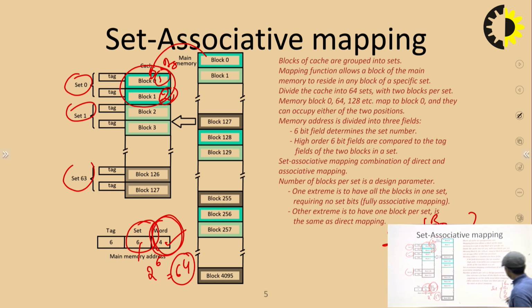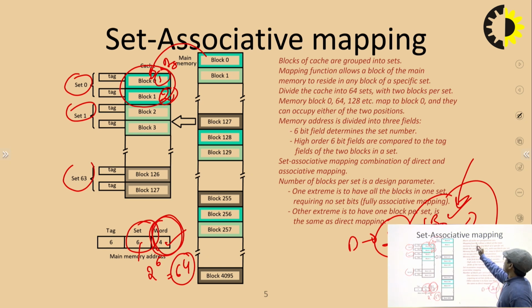If you have 4 blocks within a set, there are 4 ways to move within a set. So, within a set there is associative mapping, and when you choose a set, it is direct mapping. Fine. So, we have the freedom of direct mapping as well as associative mapping for cache management.